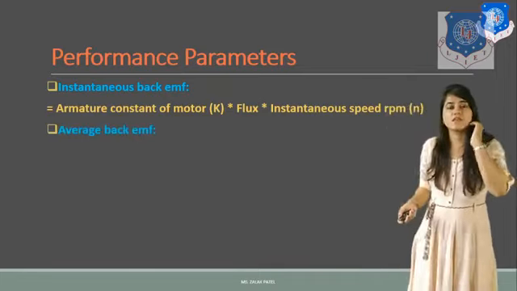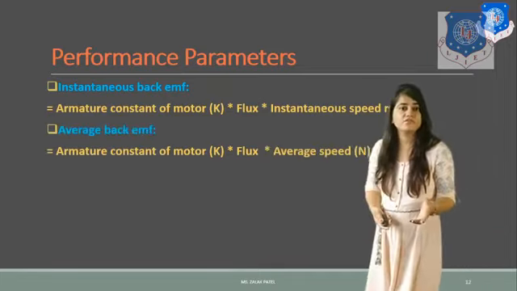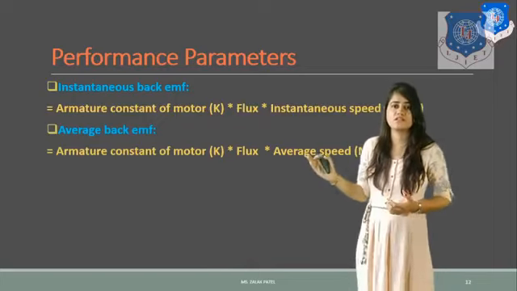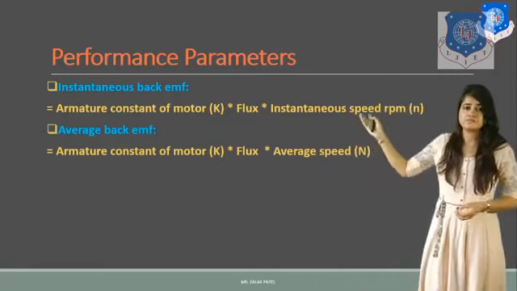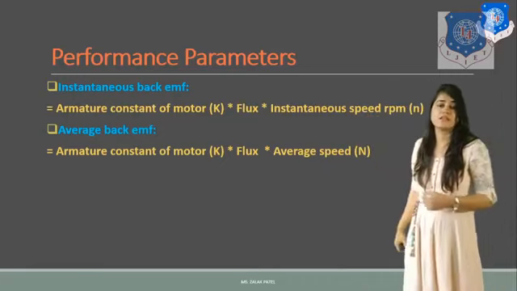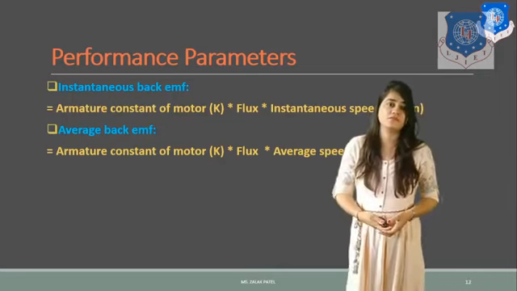If you want to make the equation for the average back EMF, then it is again the multiplication of three terms, but here instead of using the instantaneous speed, average speed will be taken for calculating the average back EMF.